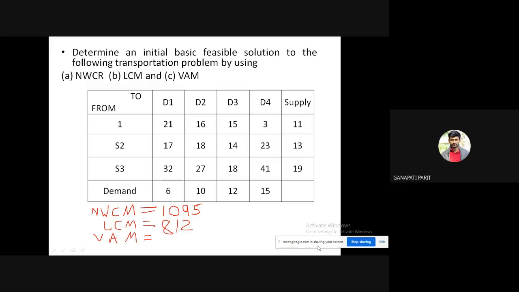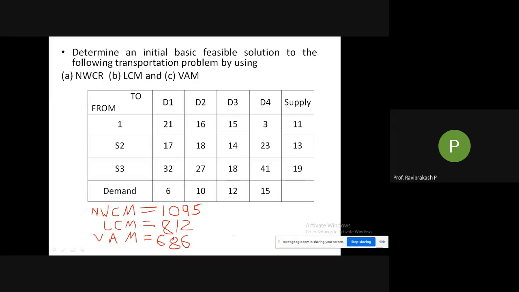Sir, VAM 686. Okay, 686, good. Others check. Right, 686. Those who have not completed, complete and check.